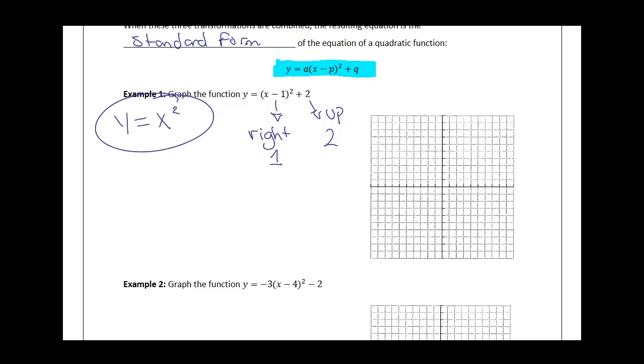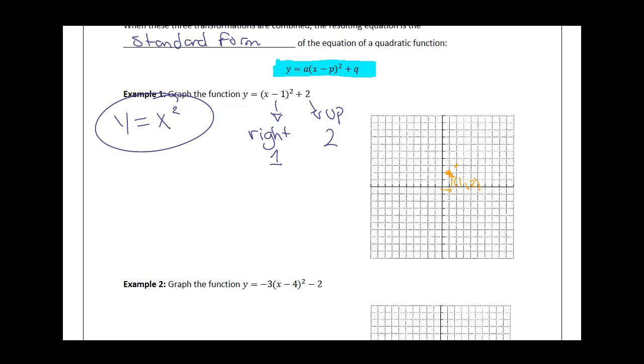So, it should look like so. We're going to move right 1 and then up 2. So now our vertex is at the point (1, 2). Alright, and from there we just go ahead and finish our regular quadratic function.